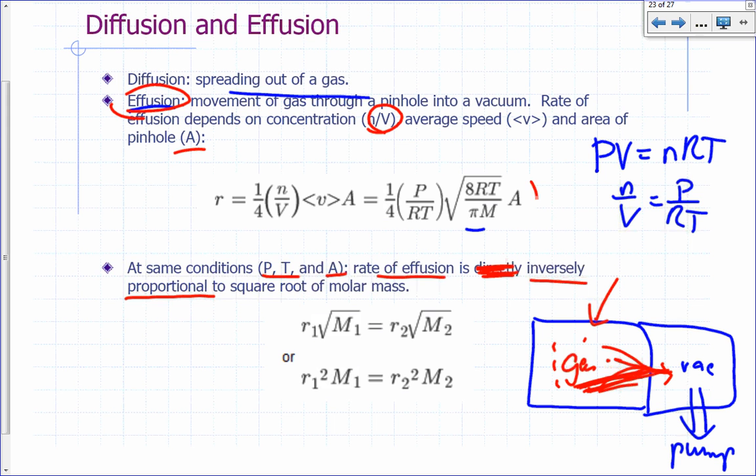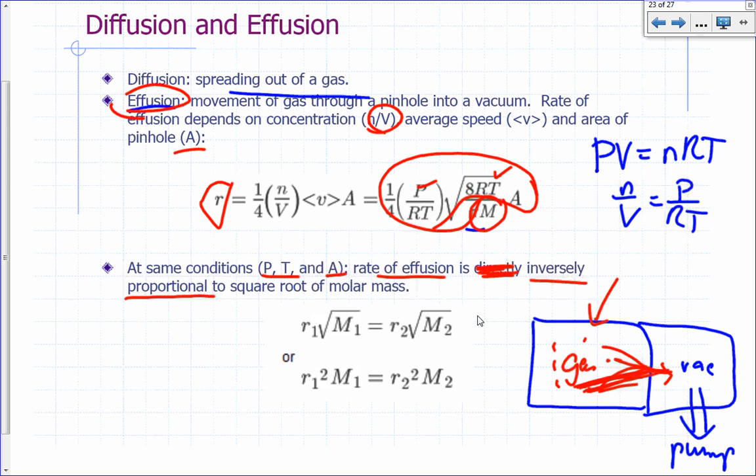If everything is the same, same temperature, same pressure, same chamber, same area of pinhole, the rate of diffusion is inversely proportional to the square root of the molar mass.